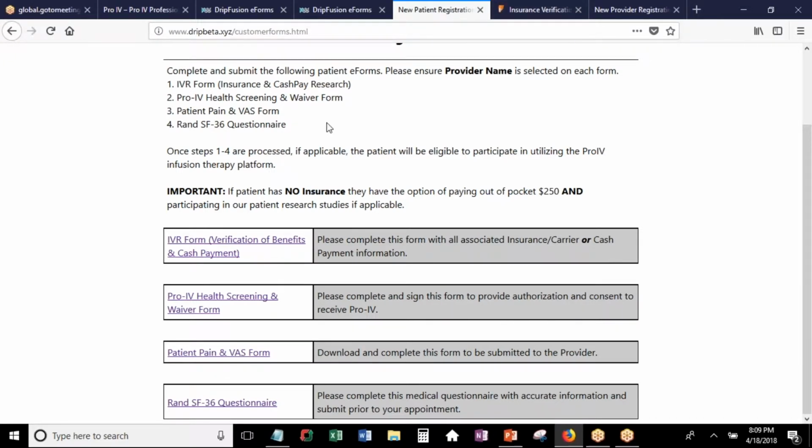But we're also going to have them complete the ProIV health screening and waiver form, the patient pain, the VAS form, and a questionnaire. All this will be submitted to us, and once you are either selected as their provider or we select you as their provider, then you will get all of these forms in your inbox saying this patient has been approved via United Healthcare for 28 treatments.